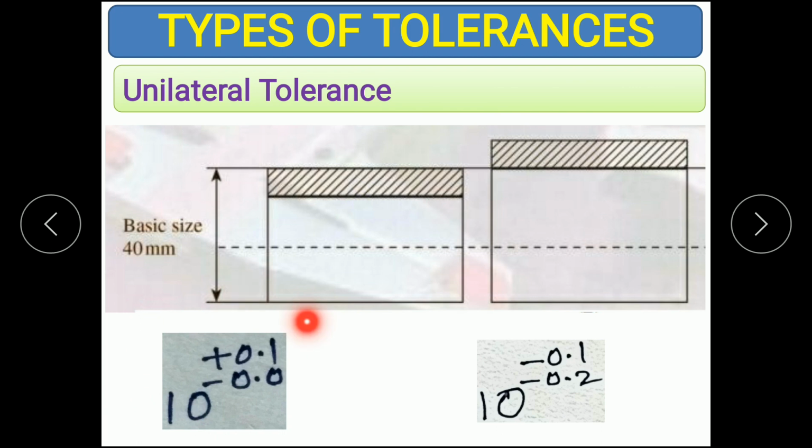And here tolerance is provided only on the minus side, not on the plus side. If the tolerance is provided on only one side of the basic size, then that type of tolerance is called unilateral tolerance, either on the plus side or the minus side.